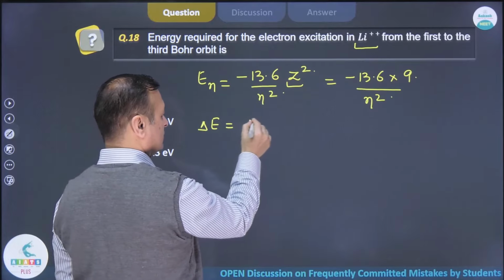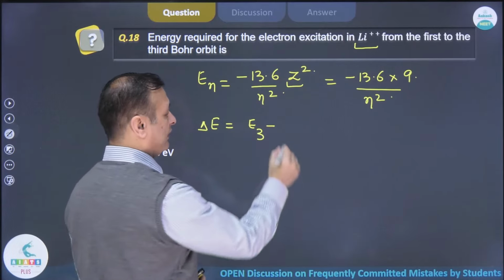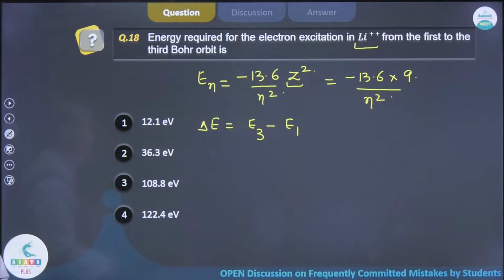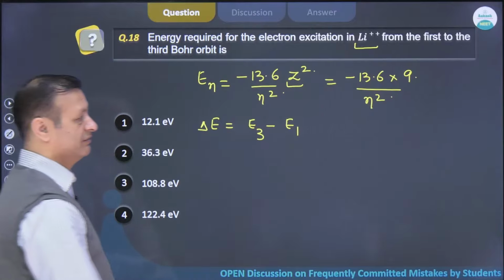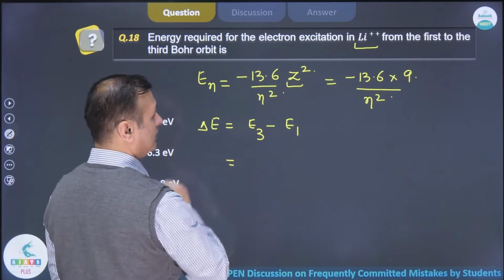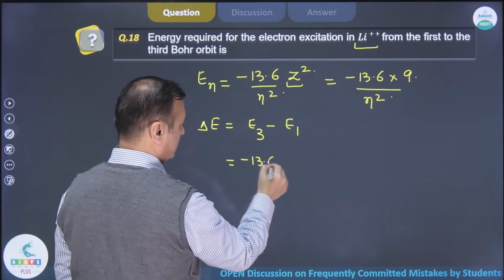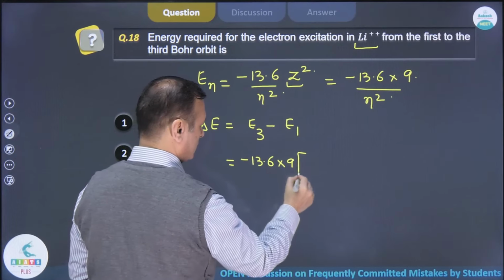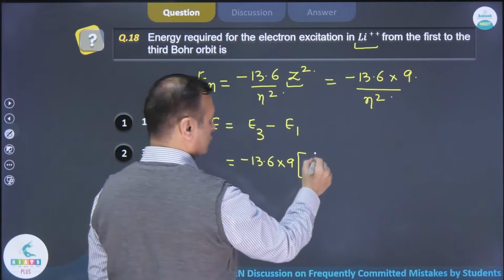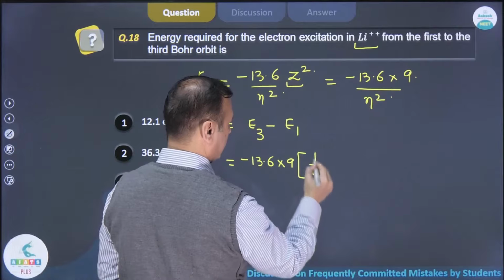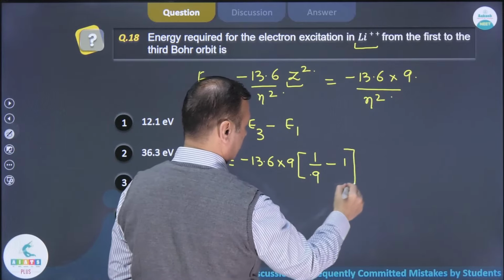So we simply need to find the energy difference between these two levels, the third energy level and the first energy level, for lithium 2 plus. So you put in the values: minus 13.6 into 9, into (1 by 3 square, which is 1 by 9, minus 1).